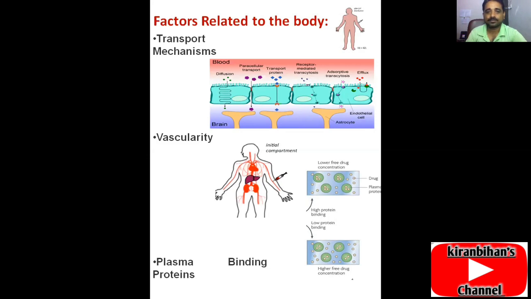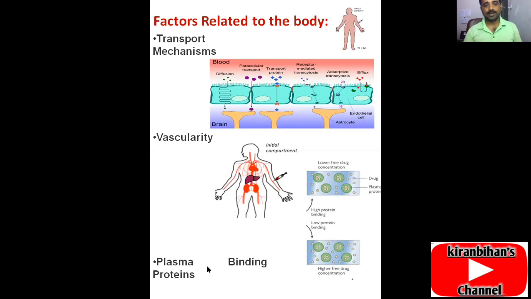So the drug distributes in these organs more than the less perfused tissues, like adipose tissues or hair follicles or the other parts of skin. So vascularity also plays a role in drug distribution.